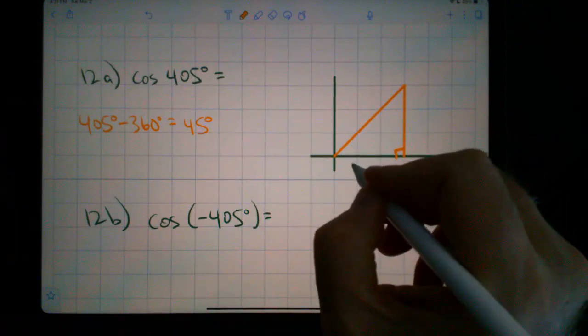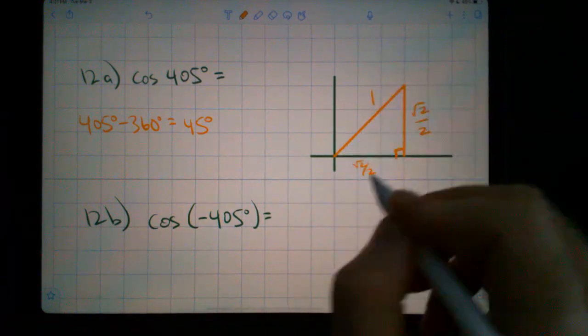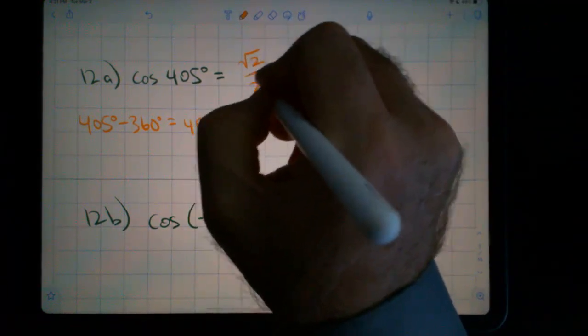Since it's a right angle, this is radical 2 over 2, radical 2 over 2, and 1. Cosine is your x value. So this is going to be radical 2 over 2.